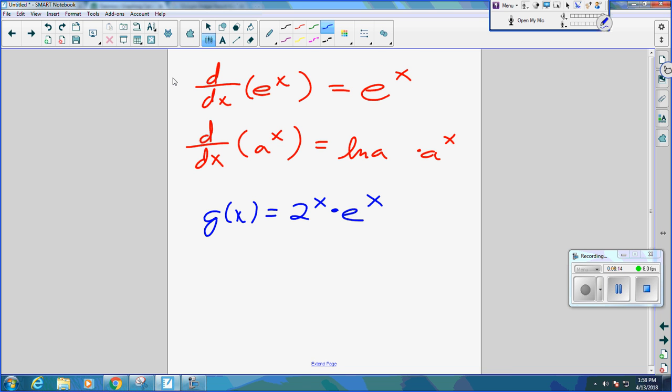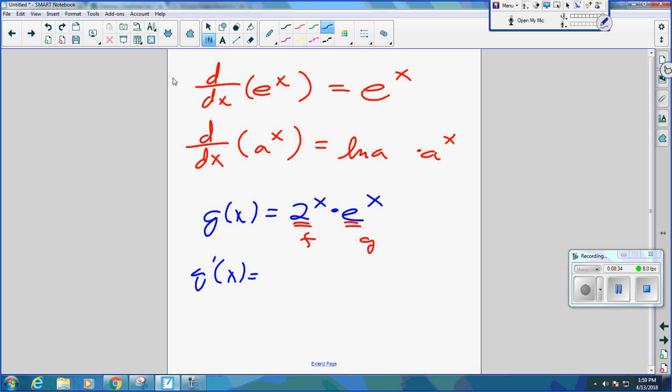What kind of rule do we have to have for this one? Product rule. It's 2 to the x times e to the x, two different things. So I'm going to call this f. I'm going to call this g in my head, right? And we know f prime g plus g prime f. So I do f prime of x.